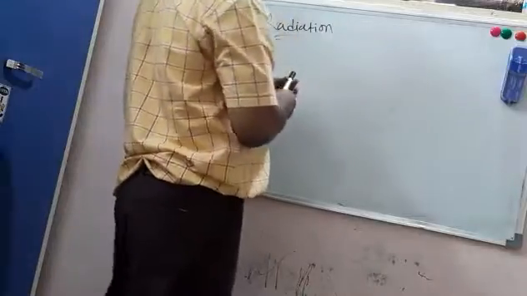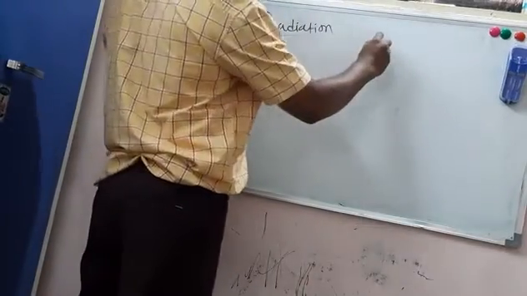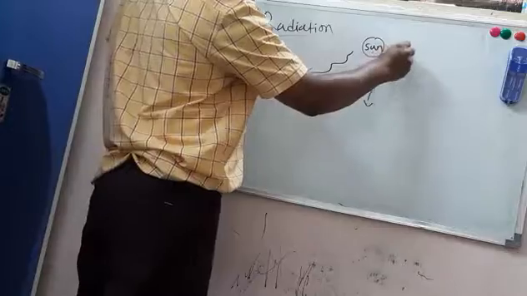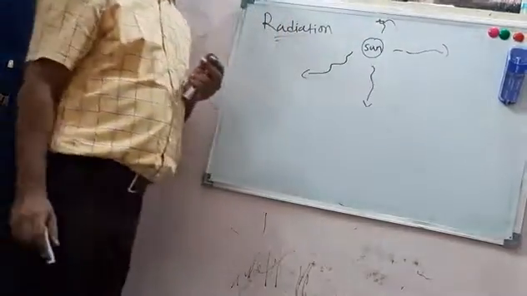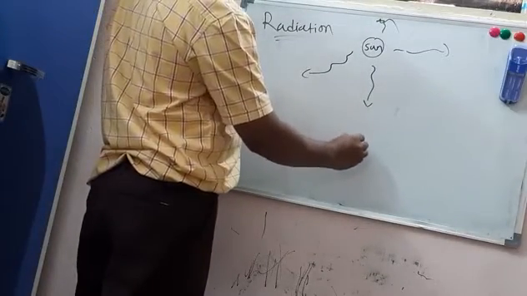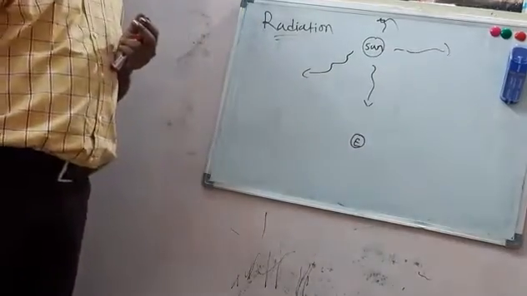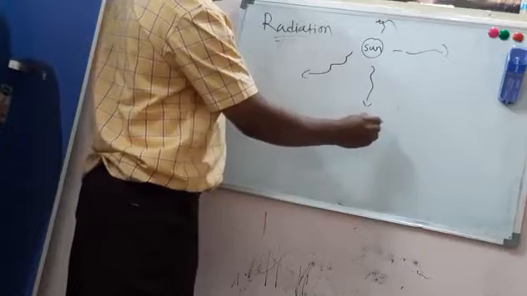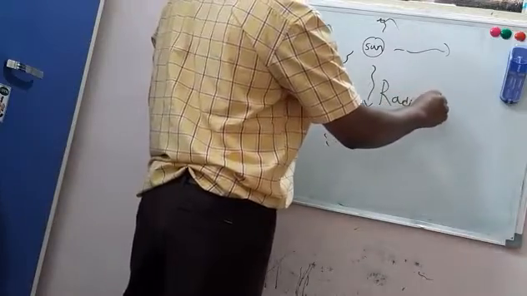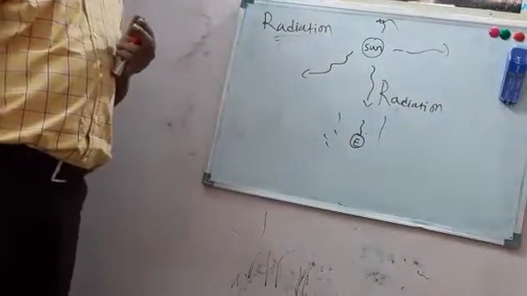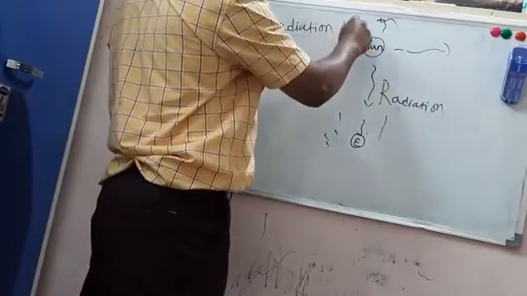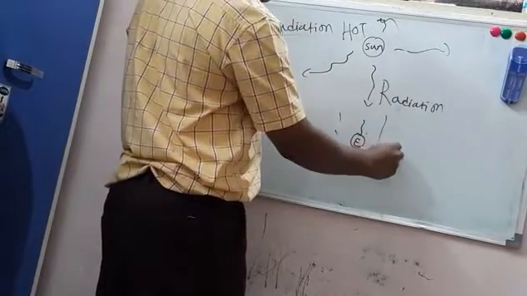The sun radiates heat in all directions, and other parts of the solar system like Earth receive heat energy by means of radiation, because conduction and convection are not possible between sun and earth. The sun is very hot and earth is cold when compared to the sun.